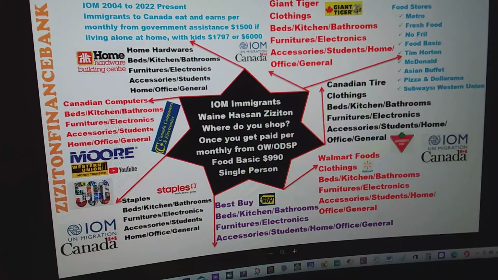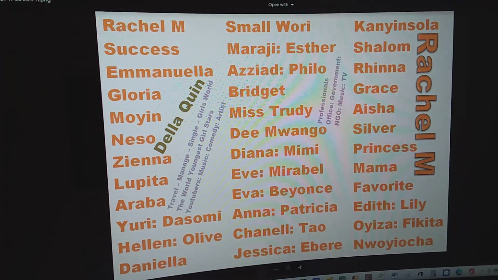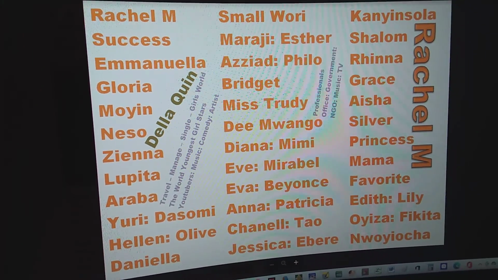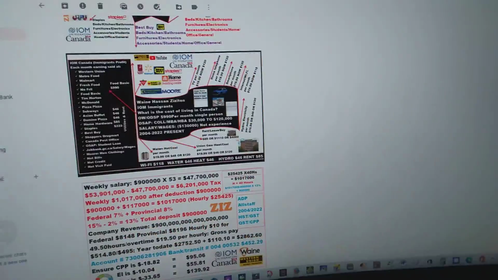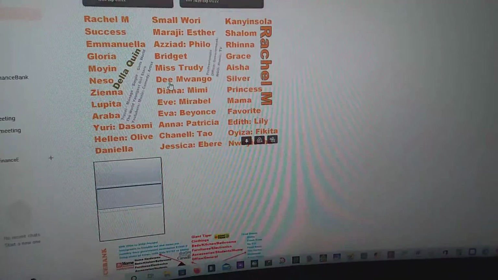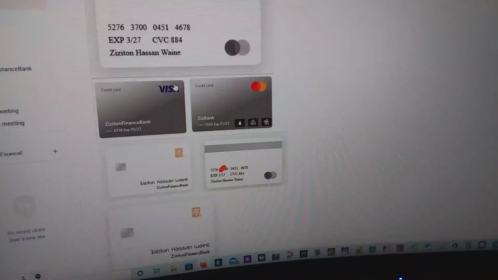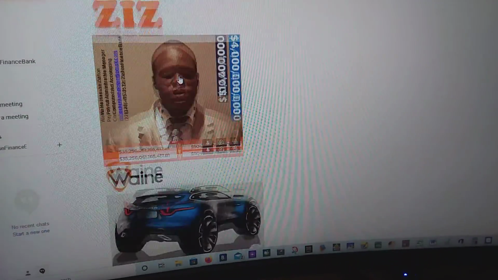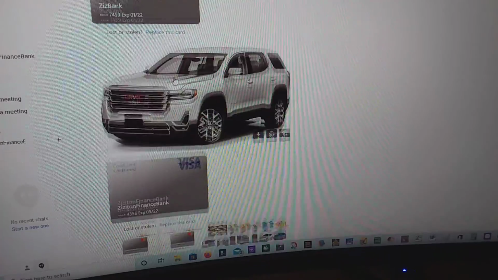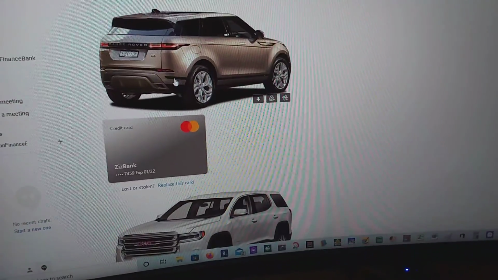Basically about our celebrities, and to continue with the rest, our company's info and our Mastercards.